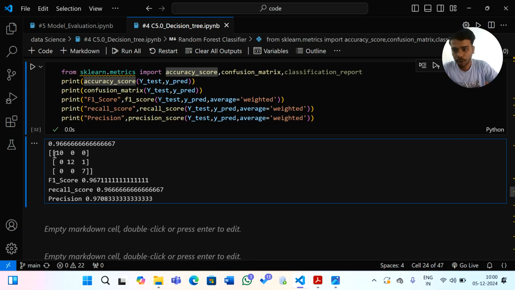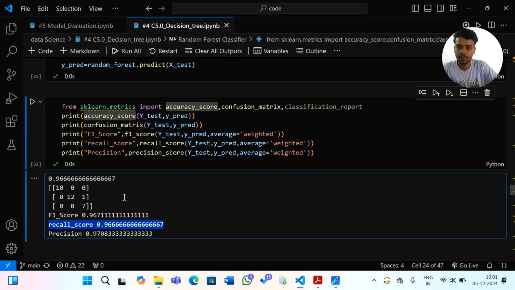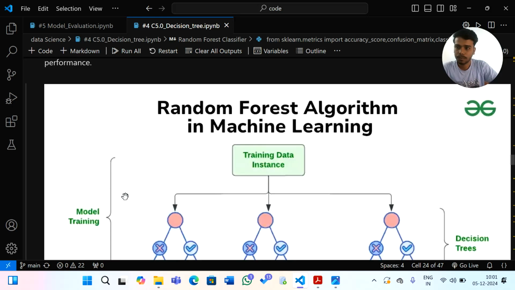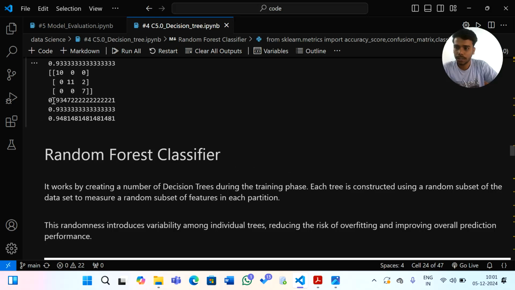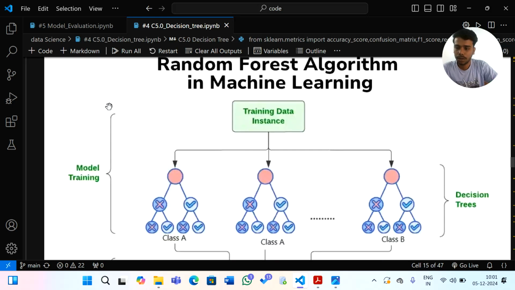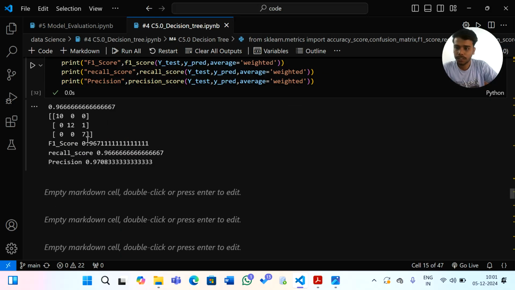The confusion matrix has also changed, because here I think 12 has come, and on the basis of the confusion matrix the F1 score is calculated. The F1 score has also increased, the recall score has increased, and the precision score has increased. Here we can see that it was 93 and here it is 96.